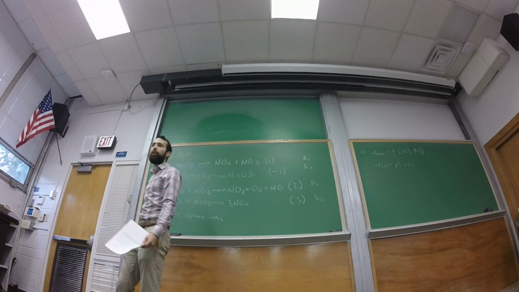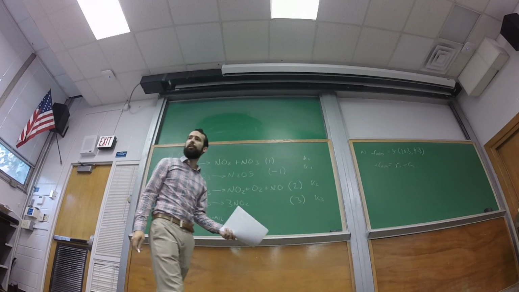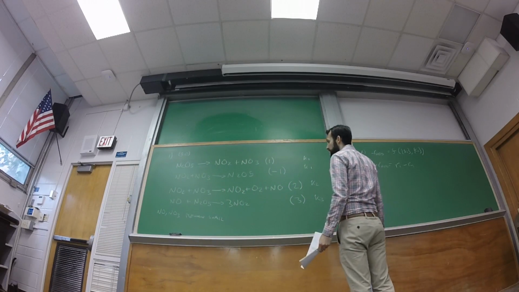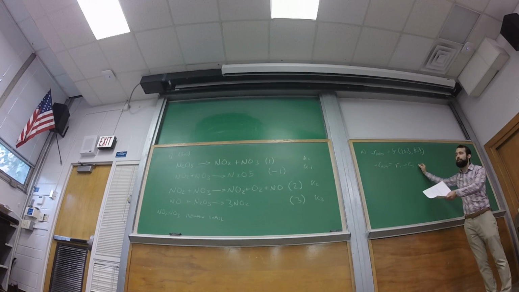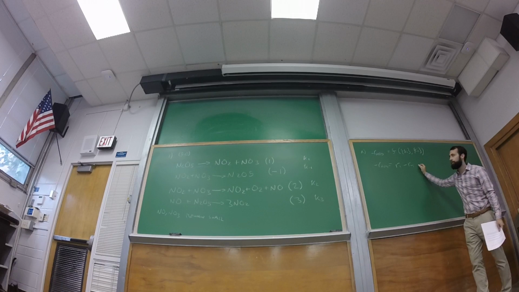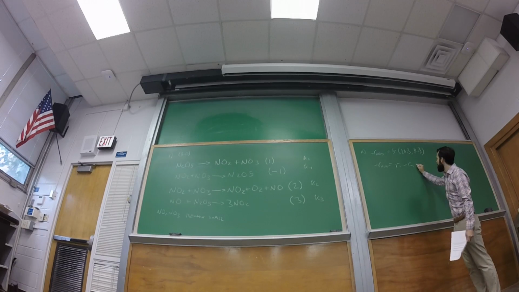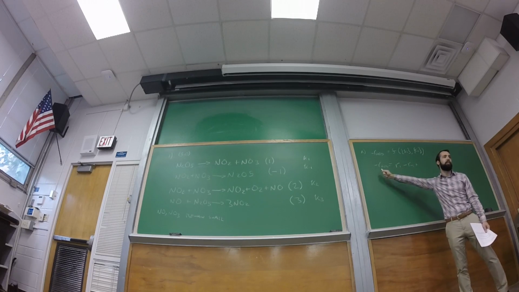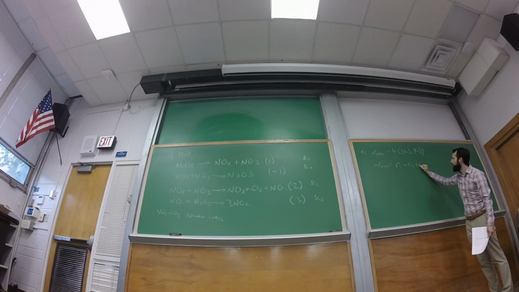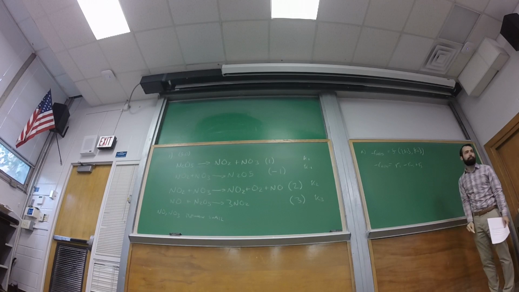Does N2O5 show up in any of my other reactions? Yes. So again, is it being consumed or produced in that reaction? So I also need to add in a plus because it's being consumed and because I wrote the rate of consumption. So plus R3. Any questions?